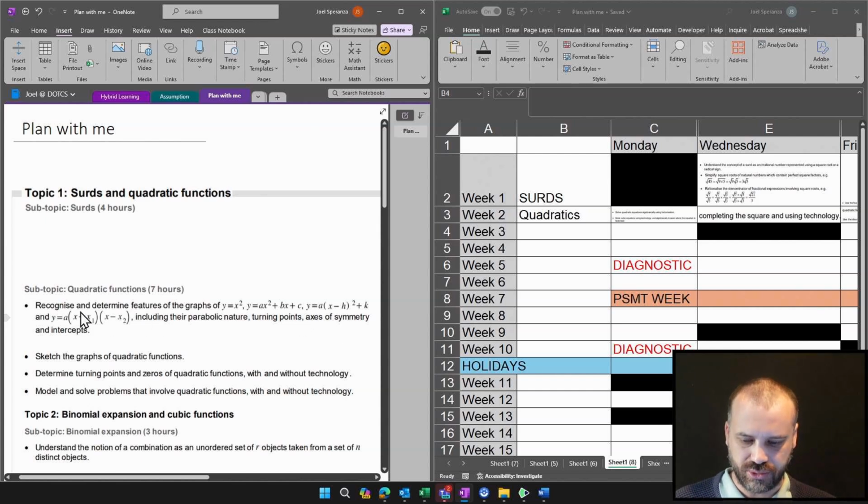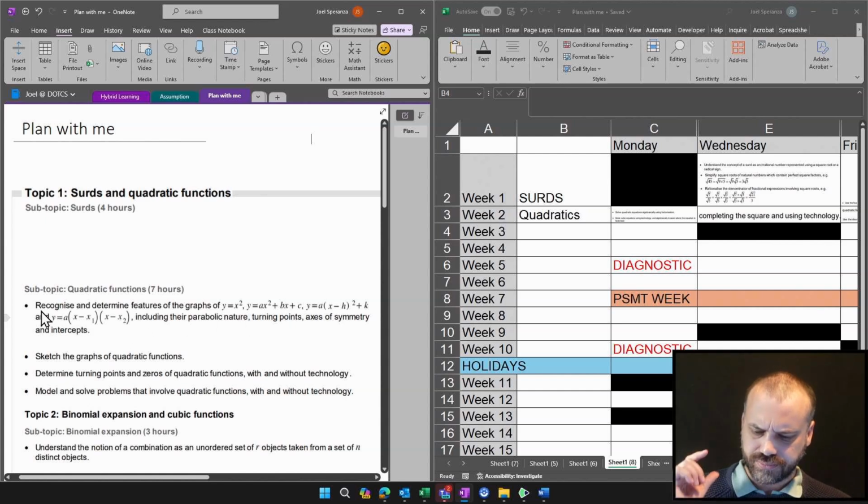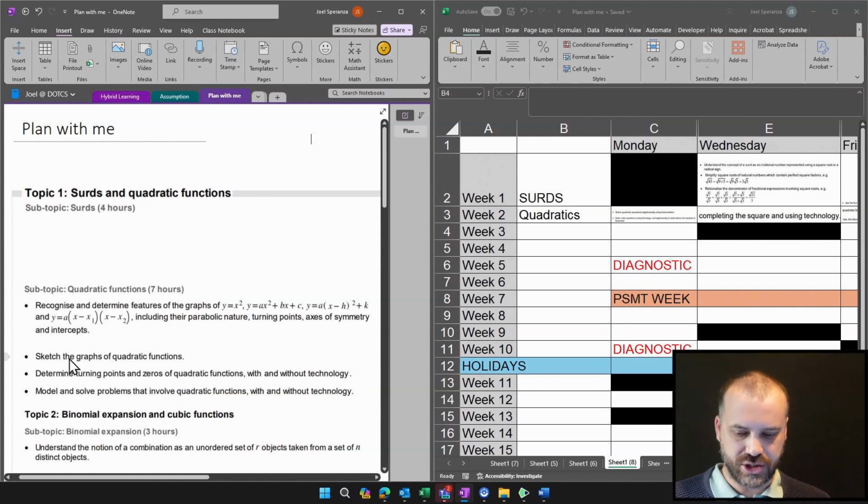I guess with this one, if you know the roots, you can determine the axis of symmetry quite quickly, negative b on 2a. But this dot point feels like a stepping stone to just sketching the graphs of quadratic equations.